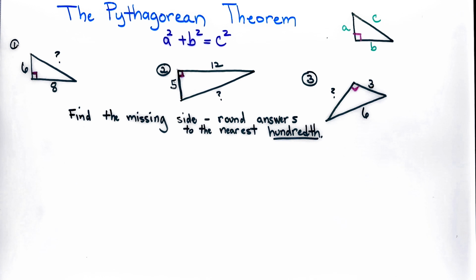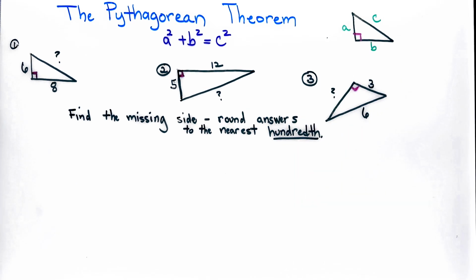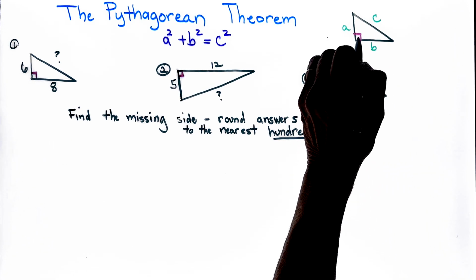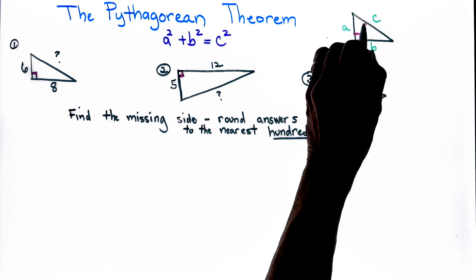I see either of my legs could be called A or B, but my hypotenuse must be letter C. And as I'm looking at that drawing, I like to think of this arrow as pointing to the hypotenuse.